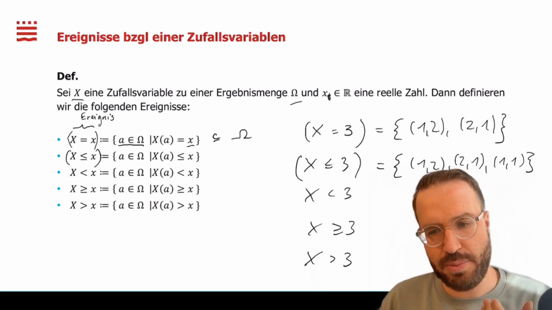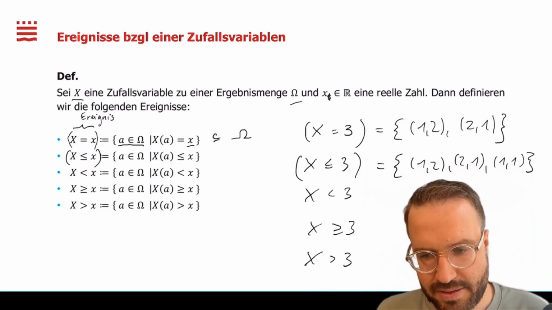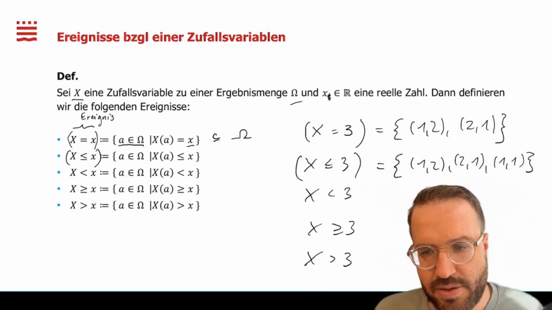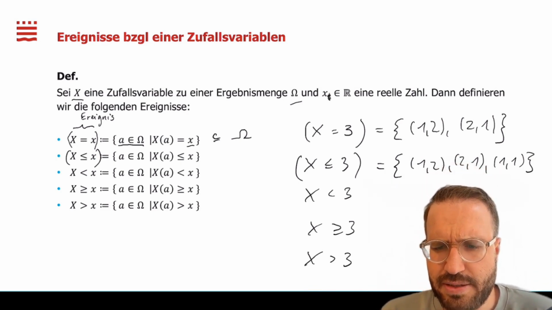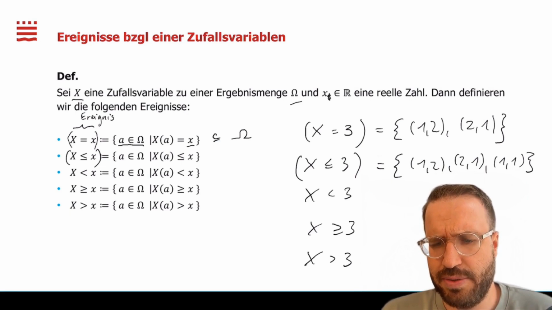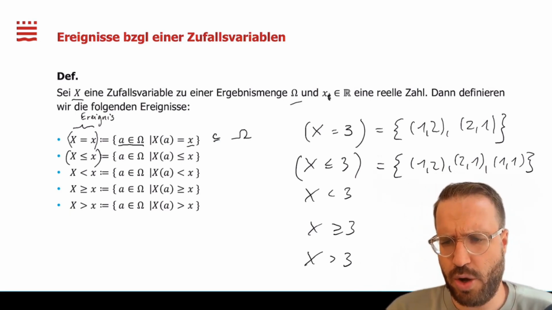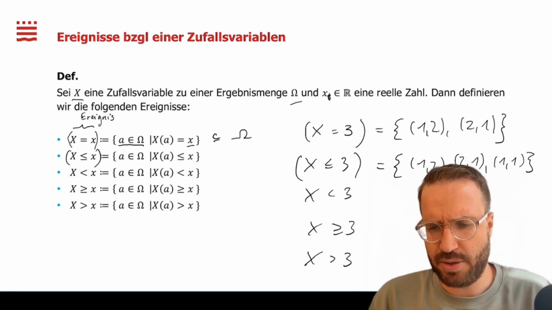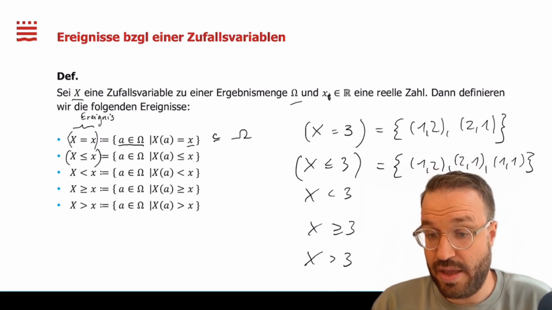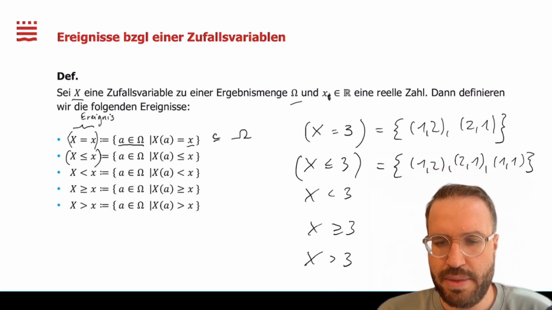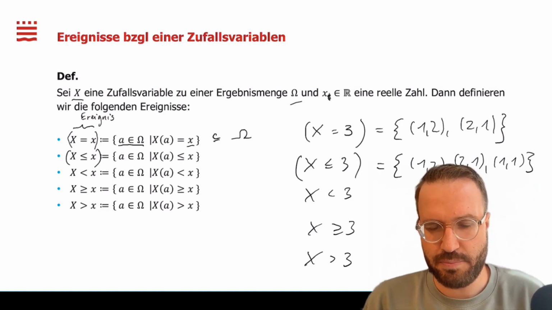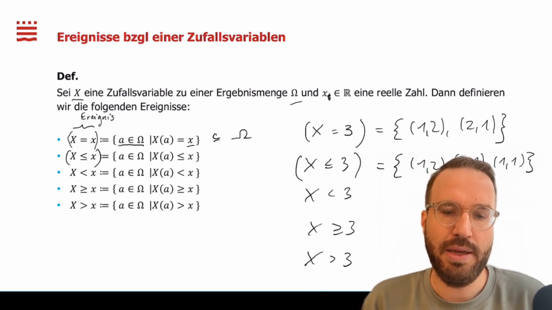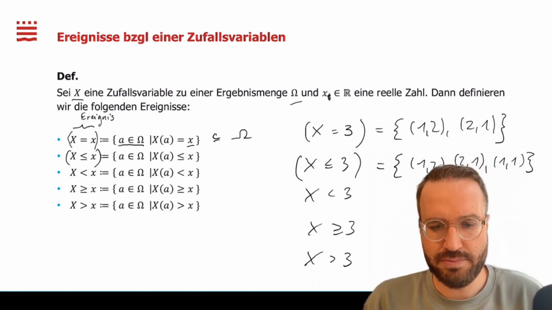So it sounds very complicated, but basically the idea is that I have a random variable and then I try to find those elements such that when I substitute them into the random variable, the whole thing is less than, equal to, or equal to a certain number. And that itself is then again an event, and because it is an event, I can also assign a probability to it.